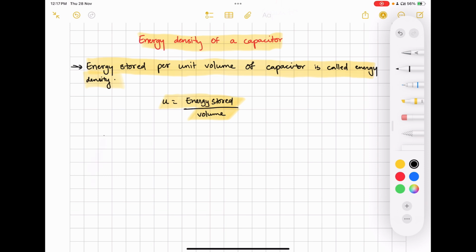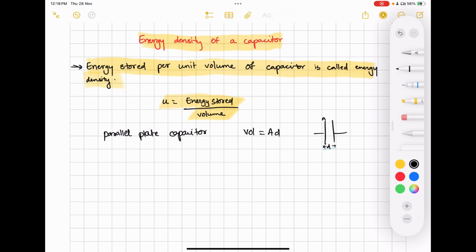For a parallel plate capacitor, we can write volume is equal to A into D, where A is the area of the plate, or area of cross section of the plate, and D is the distance between two plates.